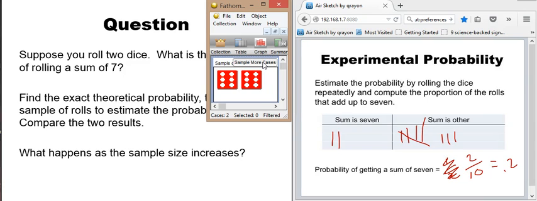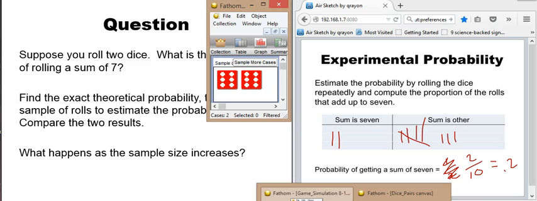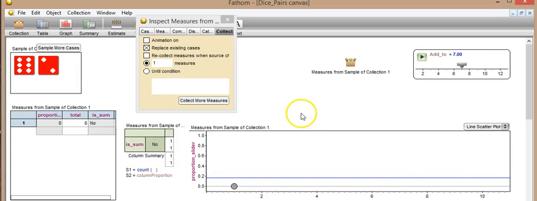All right. And part of that's by chance. It could very easily have gotten a lot higher or a lot lower than that. But now let's see what happens as the sample size increases. So I'm not going to do this the long way, so let's just simulate this. Right now this is my Fathom program. I'll tell the computer to roll the dice.